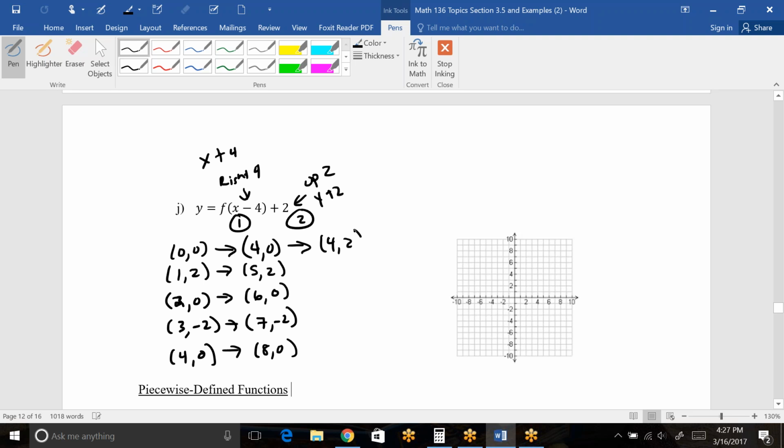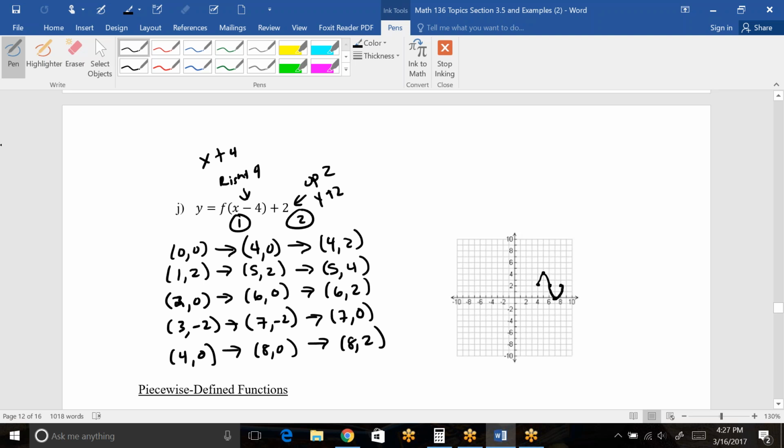So that'd be 4, 2, 5, 4, 6, 2, 7, 0, and 8, 2. So notice the same size as the original, but shifted right 4 and then up 2.